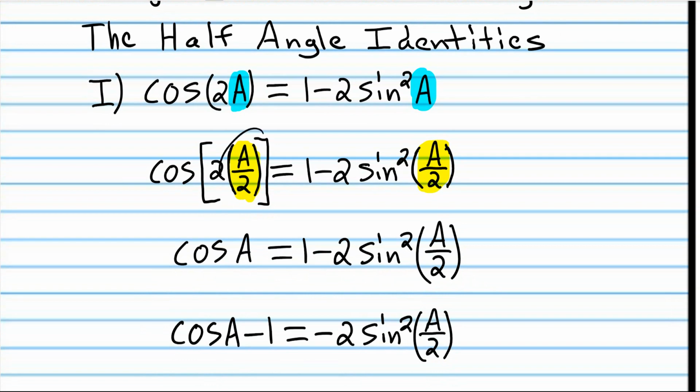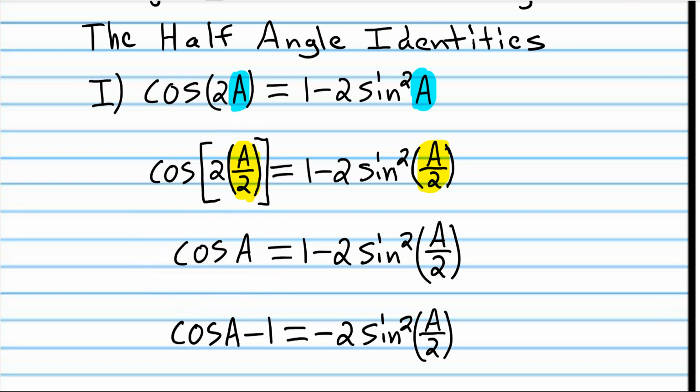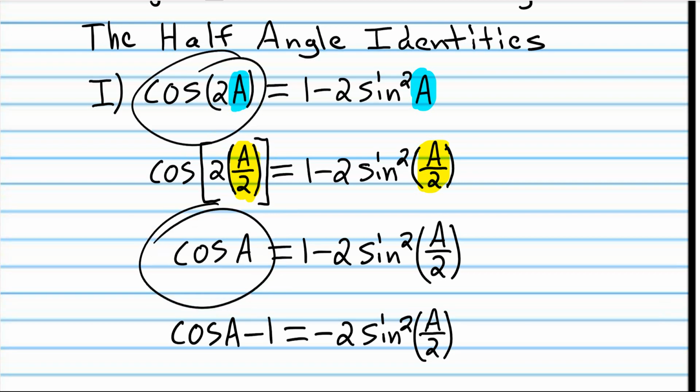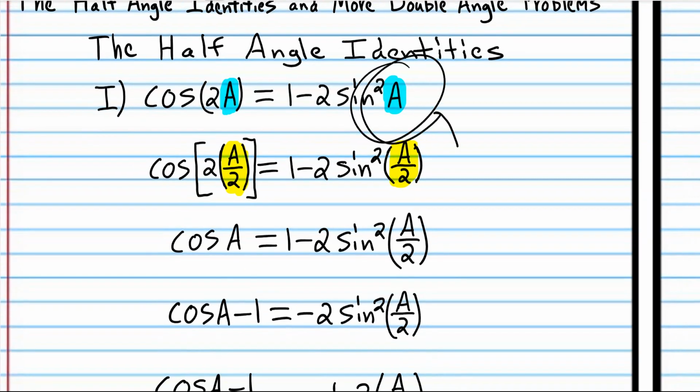When you multiply the yellow a over 2 by 2, it cancels out the 2, and so we converted to cosine a. Over here we converted from sine a to sine a over 2.